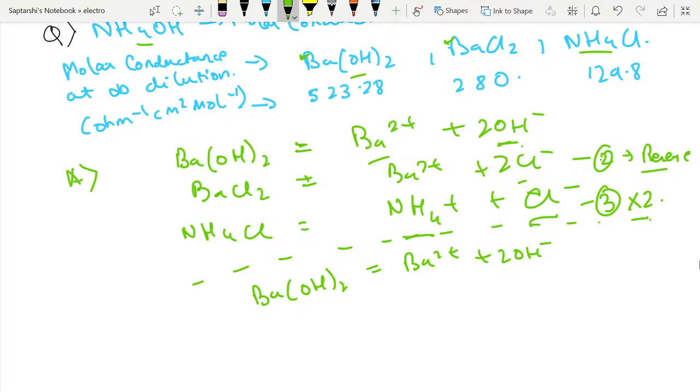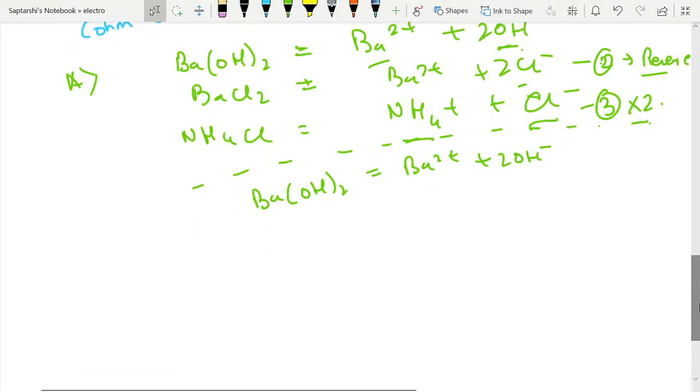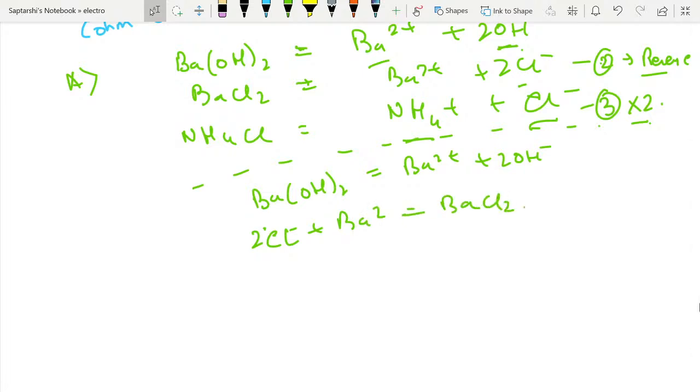Barium chloride will be reversed, so this will be 2Cl minus plus Ba2 plus, giving you BaCl2. I'm writing equal signs because I'm writing quickly; you can write the arrows as well if you want.